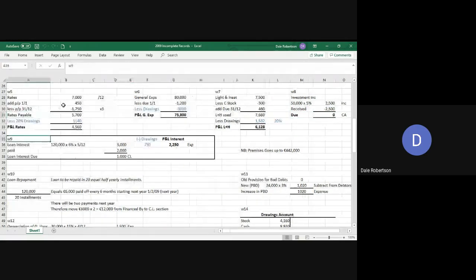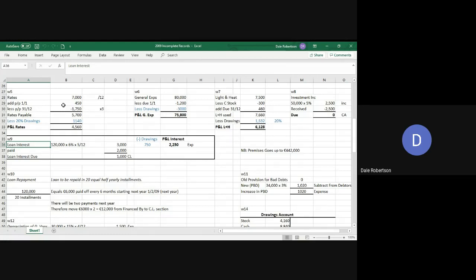This brings us on to working 9. I have them numbered here. Of course, we skipped 4 workings earlier on, so it's not entirely accurate, but it says on the first day of August 2008, which is 7 months into the year, 5 months remaining, Fuller borrowed €120,000, which together with 30,000 of his own funds, was used to purchase an adjoining premises.